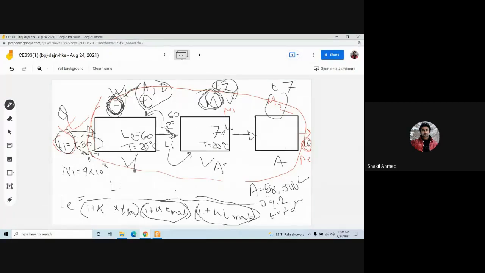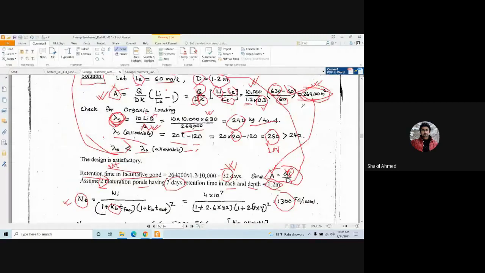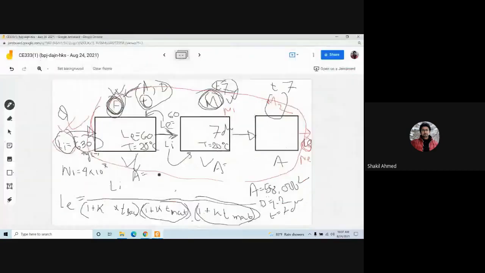And for this pond, area equals what, guys? 264,000 meters square. Depth is again 1.2 meter and T equals 32 days. So this is for this pond, and this is in each of these ponds. Clear?